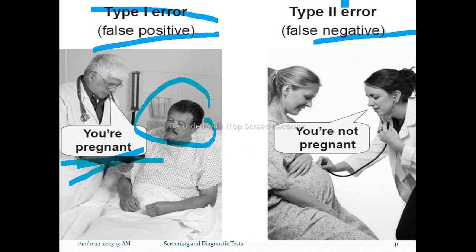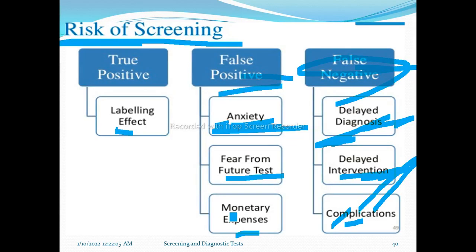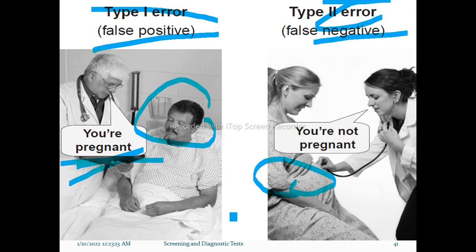A false negative is a type 2 error, meaning telling a pregnant female that she is not pregnant. This is related to the accuracy of the test. So this is all about chapter 9, screening test.